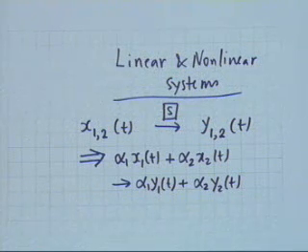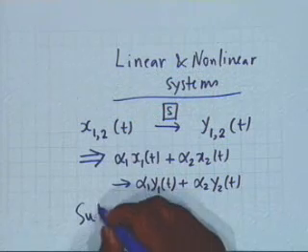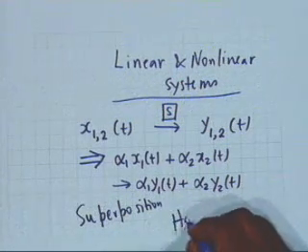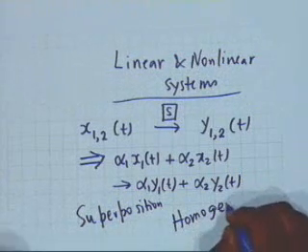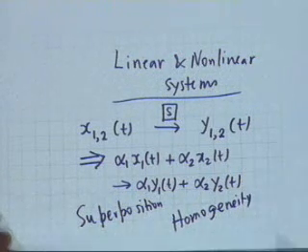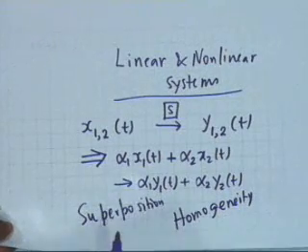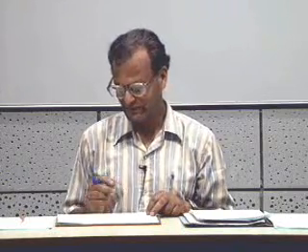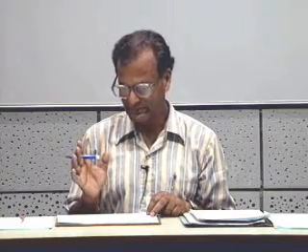If this is obeyed, then the system is said to be linear. There are two principles involved. One is superposition and the other is homogeneity. Both must be obeyed in order that the system is linear. But if it disobeys one, you can throw out the system as not linear. Again, the same principle: one counterexample is sufficient to disprove an assertion. 1,000 examples are not sufficient to prove an assertion.